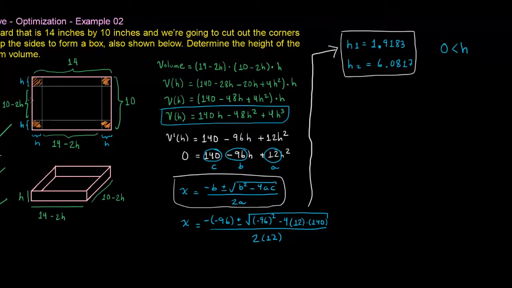Now we can assume something else. From this statement here, 10 minus 2 times h, we can safely say that h cannot be higher than 5. If, for example, h were 6, then 10 minus 2 times 6 would be minus 12, and we would obviously get a negative value.